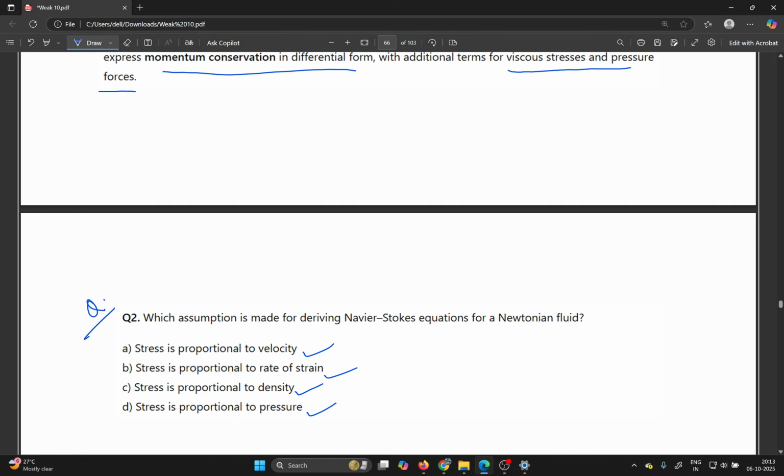Stress is proportional to velocity. Okay. Because a similar question, but very straightforward, we have solved earlier, but here there is a little bit of a twist in the question.